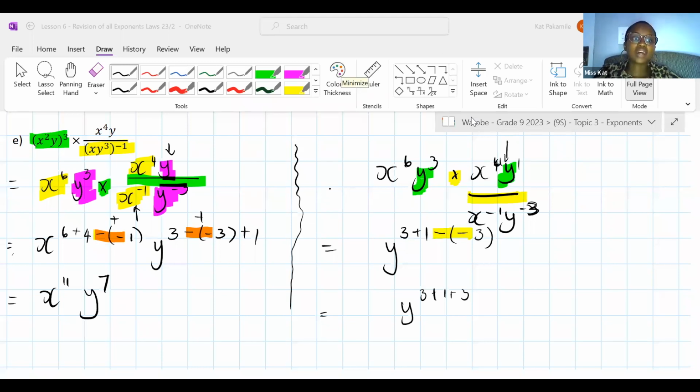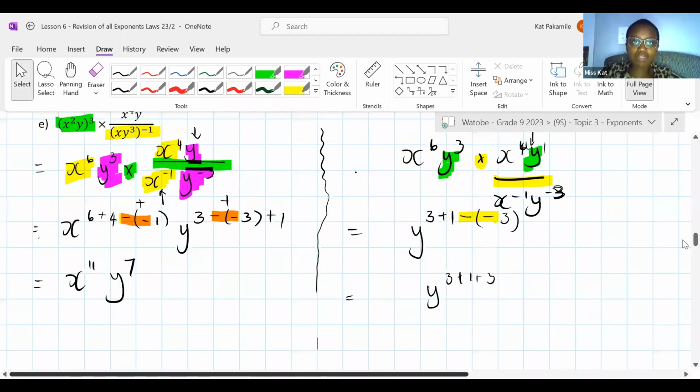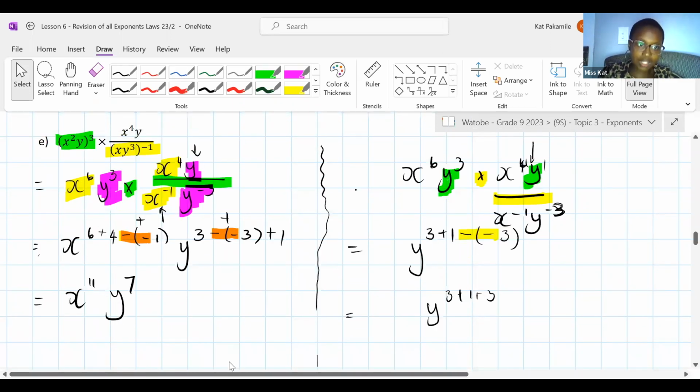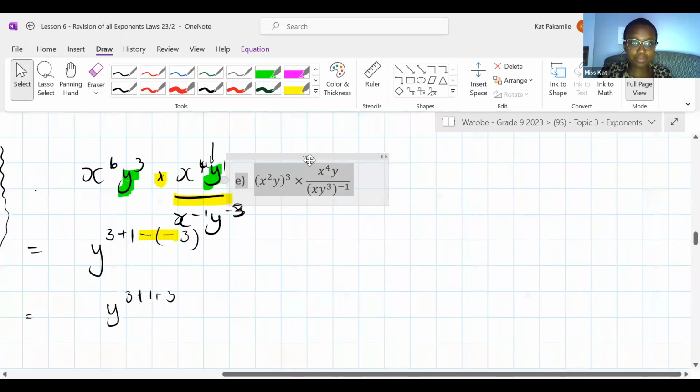You can, guys, but remember, we were just doing this in one step. If you do this in more than one step, you are more than welcome to. If you prefer step by step, you can do it. Let's do it step by step so that I can show you that you're still going to get the correct answer.